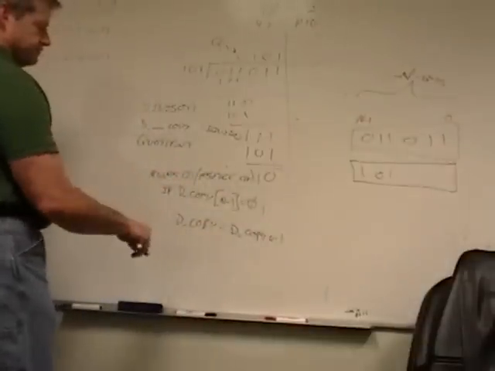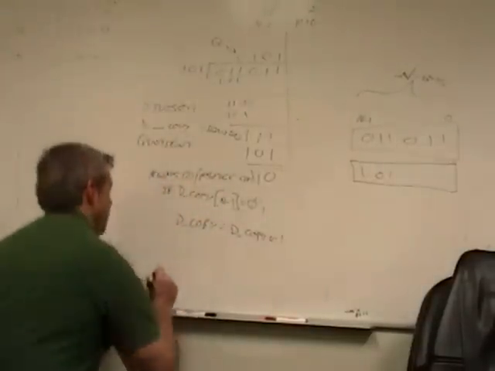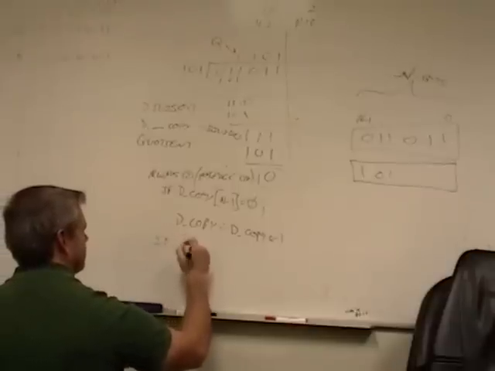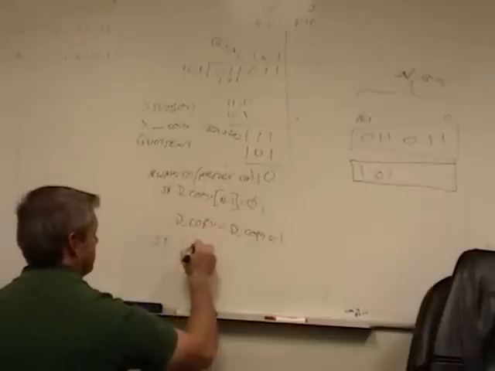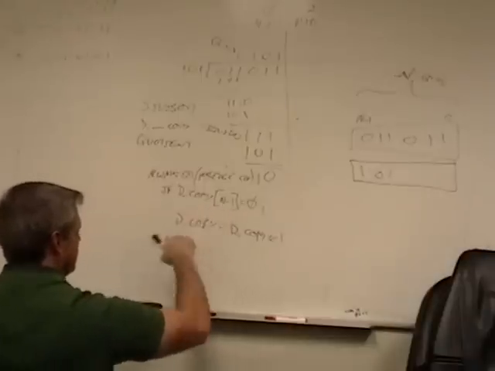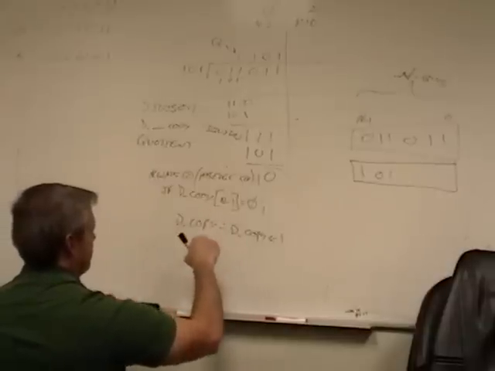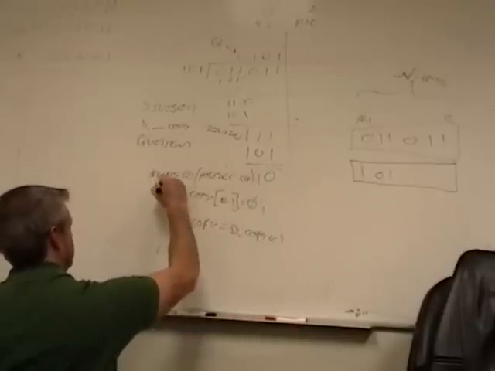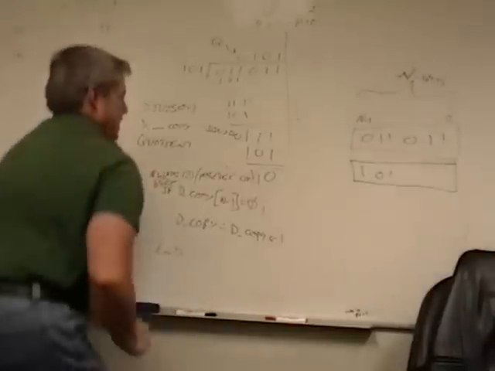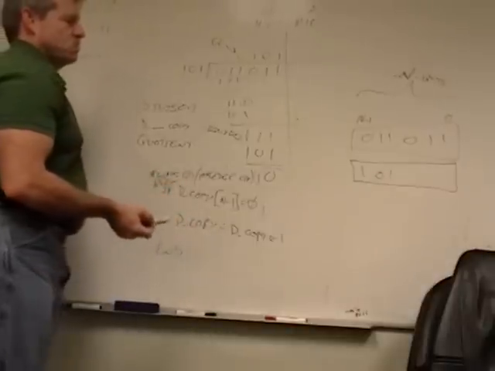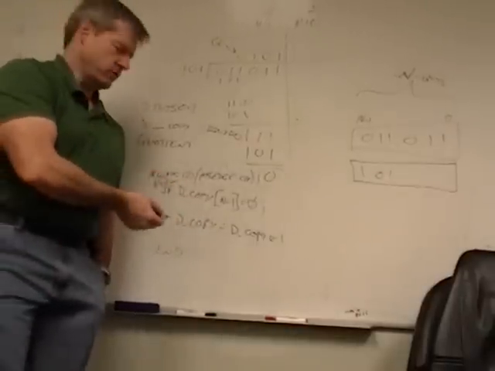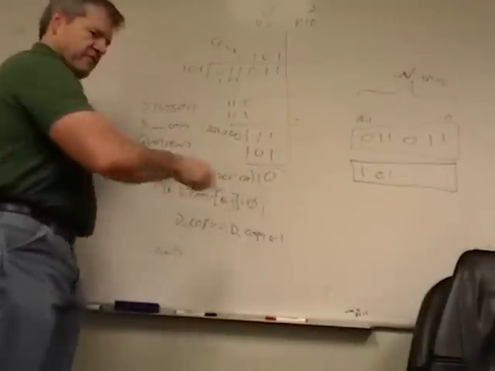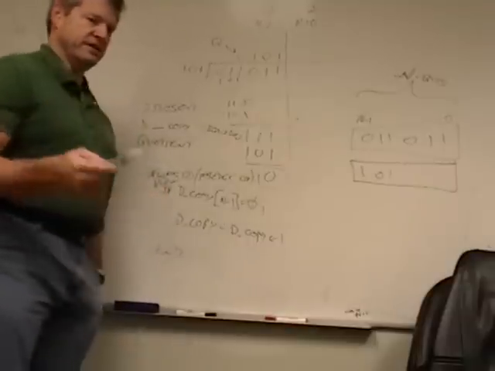And we keep doing that until, if this is not true, if d underscore copy is done, then we end. So put a begin in here. The danger here, of course, is if there's a 0 in your dividend copy, this will run forever and never get anywhere. So you need to detect that somehow.